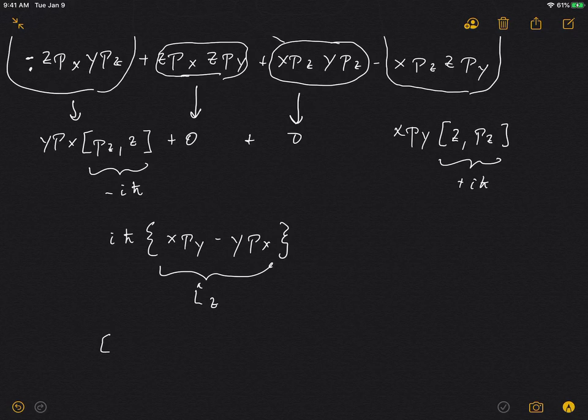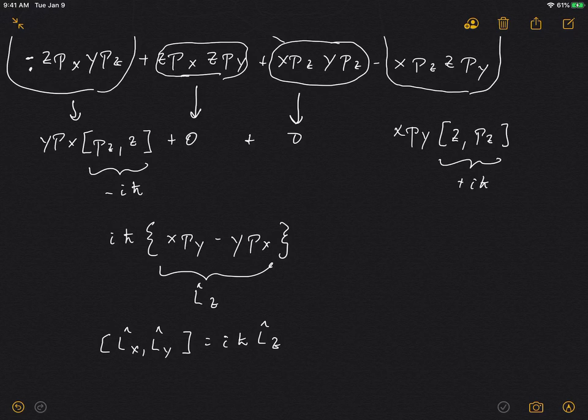So we've shown that the commutator of Lx and Ly is I h bar Lz. So there's this nice relationship between the commutators of Lx and Ly, and we've done the math on this.